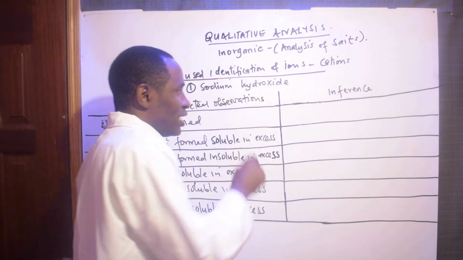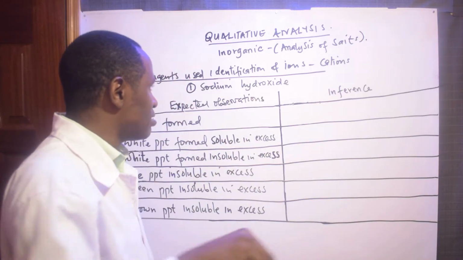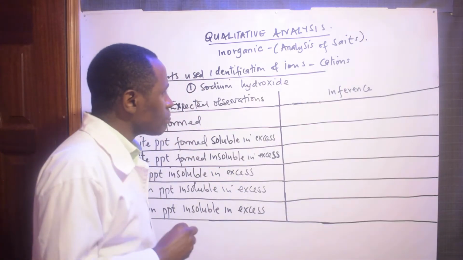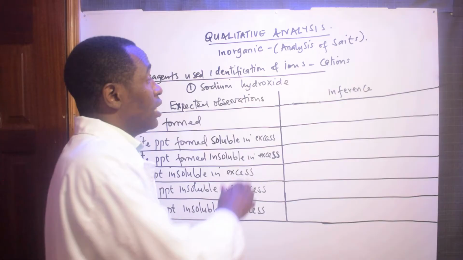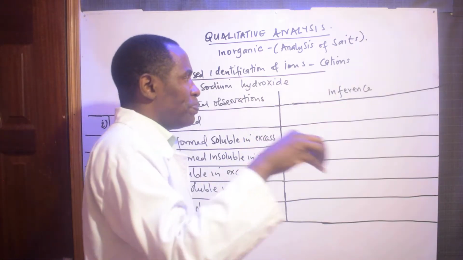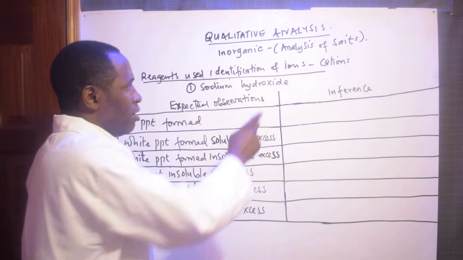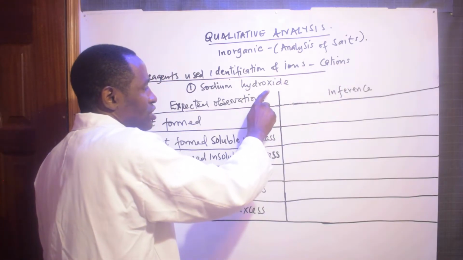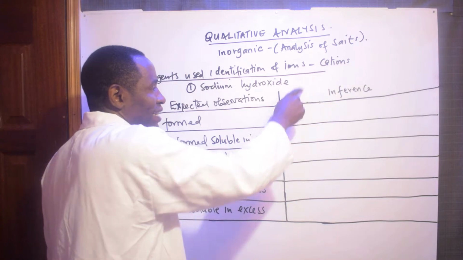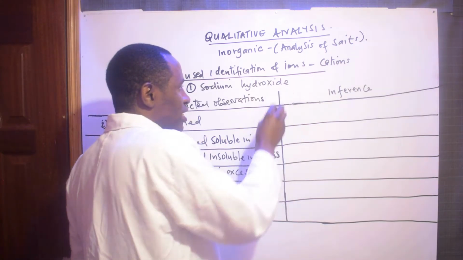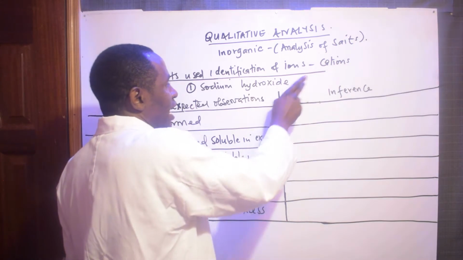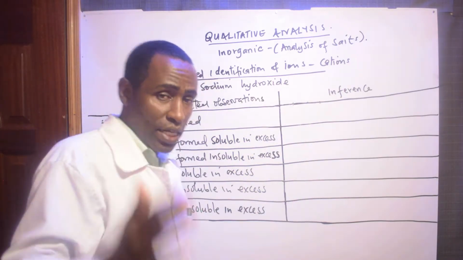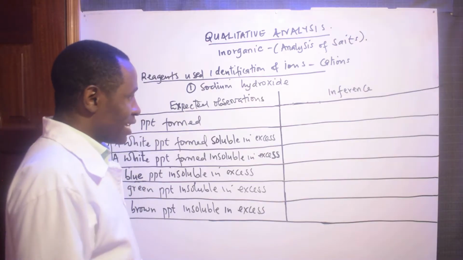When sodium hydroxide is in aqueous state, it contains hydroxide ions, and therefore these hydroxide ions can be precipitated by given cations. Remember, the hydroxide is negatively charged. If we have a cation, they can come together, and if the hydroxide formed is insoluble, it will definitely form a precipitate.